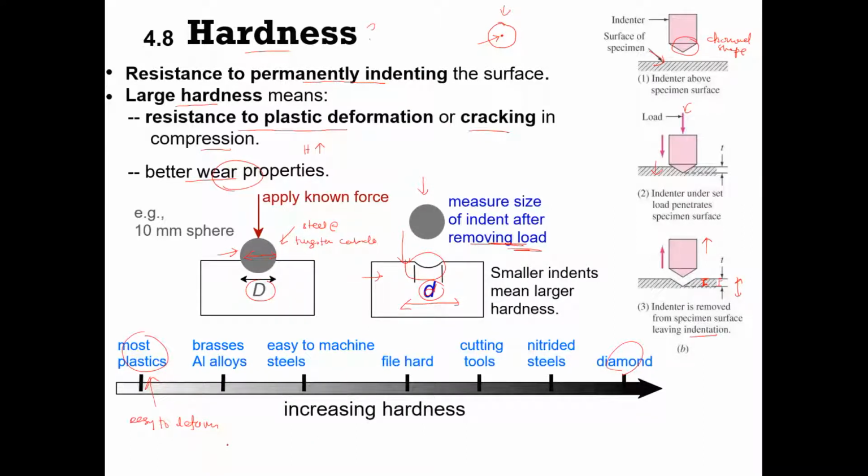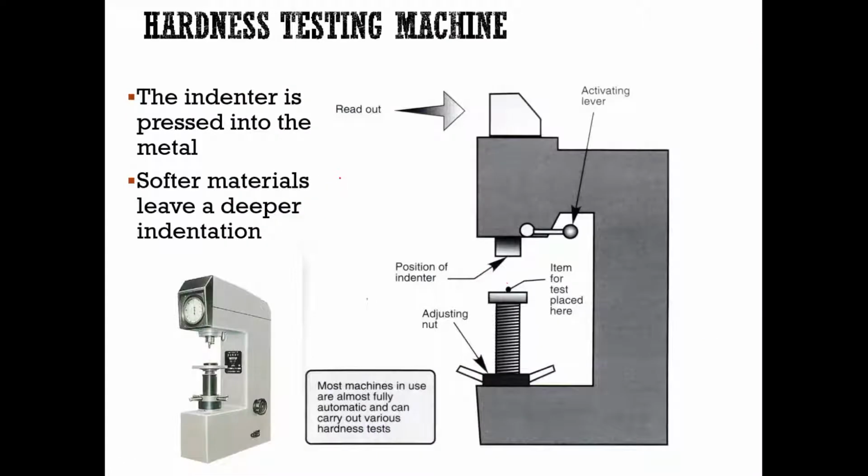Now let us look at how hardness testing is done. This is the hardness testing machine. The result will appear in this area.